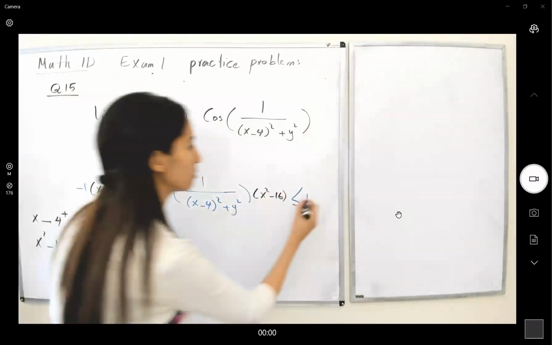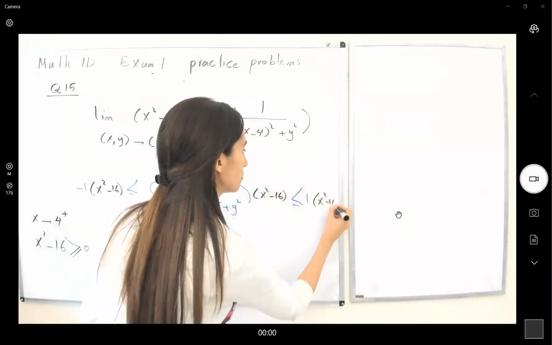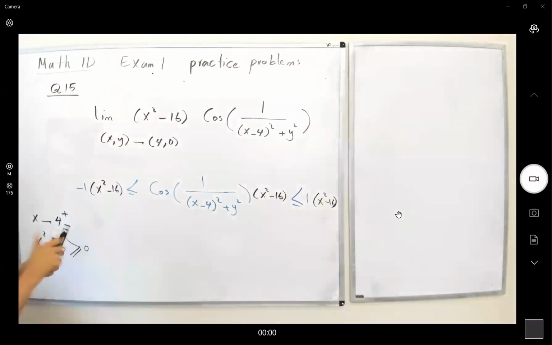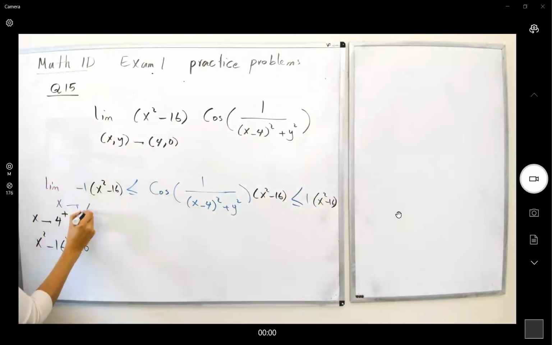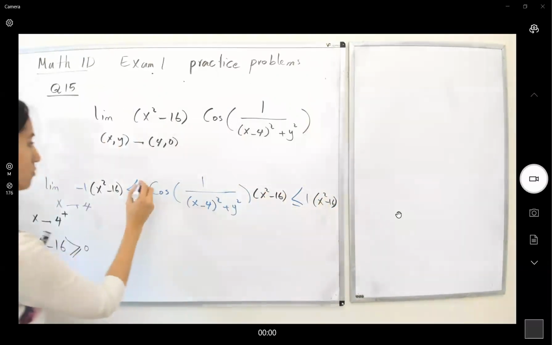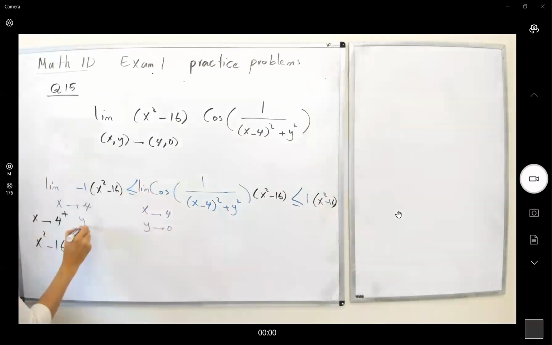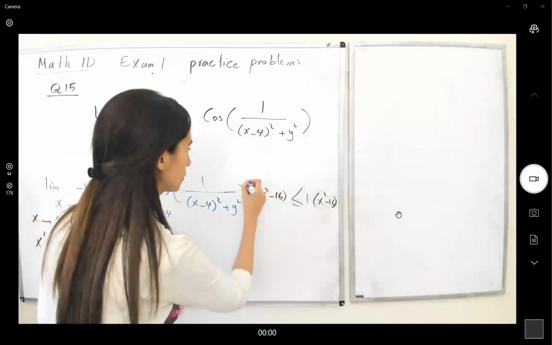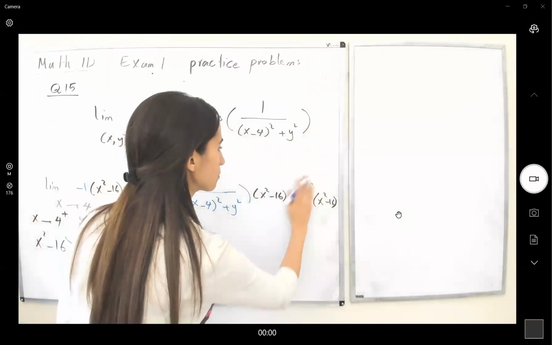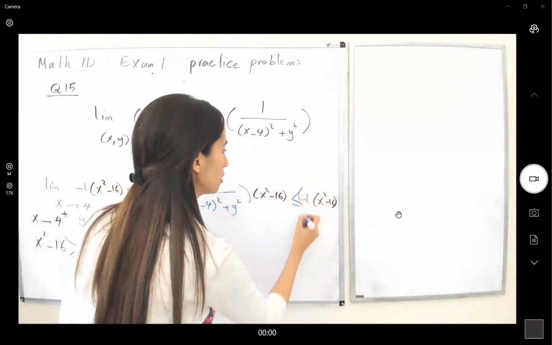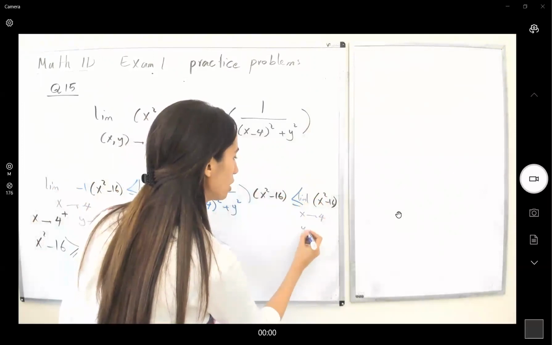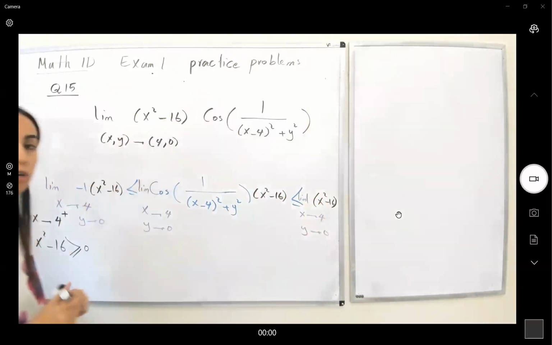Then I start taking the limit while x approaches 4 and y approaches 0.